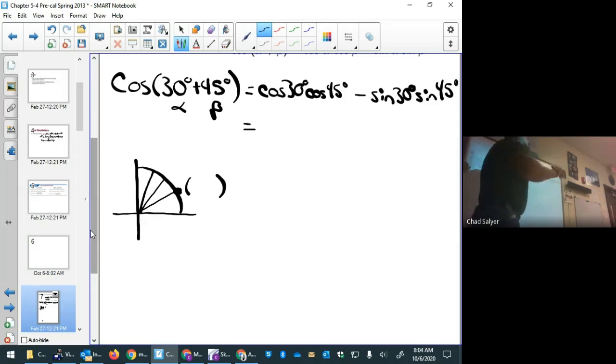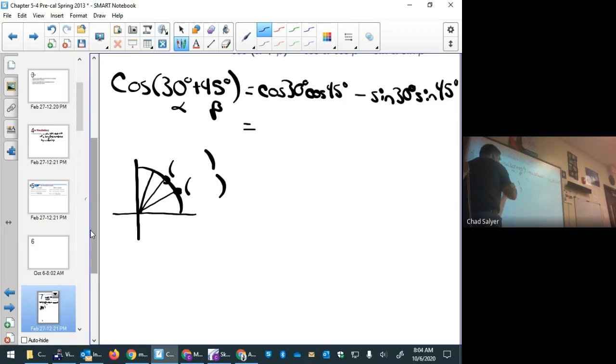The x is the cosine, the y is the sine. So we're dealing with these two points, 30 degrees and 45 degrees. That's the angle that we've rotated through to get to that radial arc. And by means of the triangular analysis I showed you, we know that the x-coordinate on the unit circle where that triangle meets the circle is the cosine of the base angle theta, and the y-coordinate is the sine of the base angle theta.